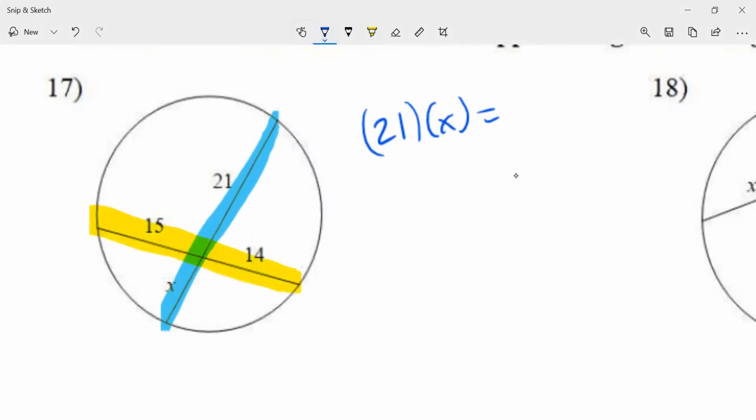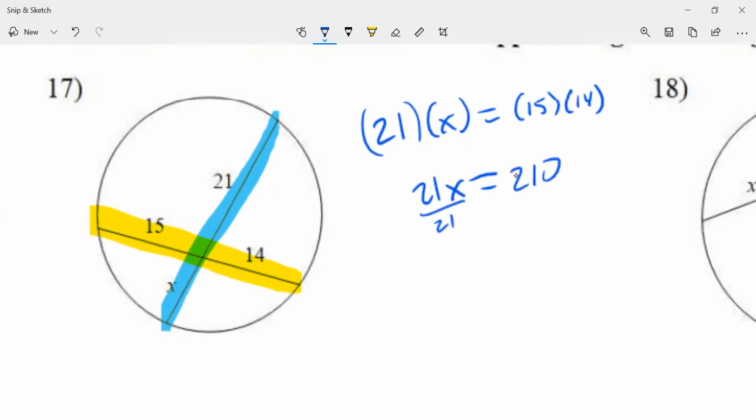It's made by the measurements 15 and 14. So I'm just going to go 15 times 14. So 21 times x, I know that's 21x. 15 times 14, that's 210.